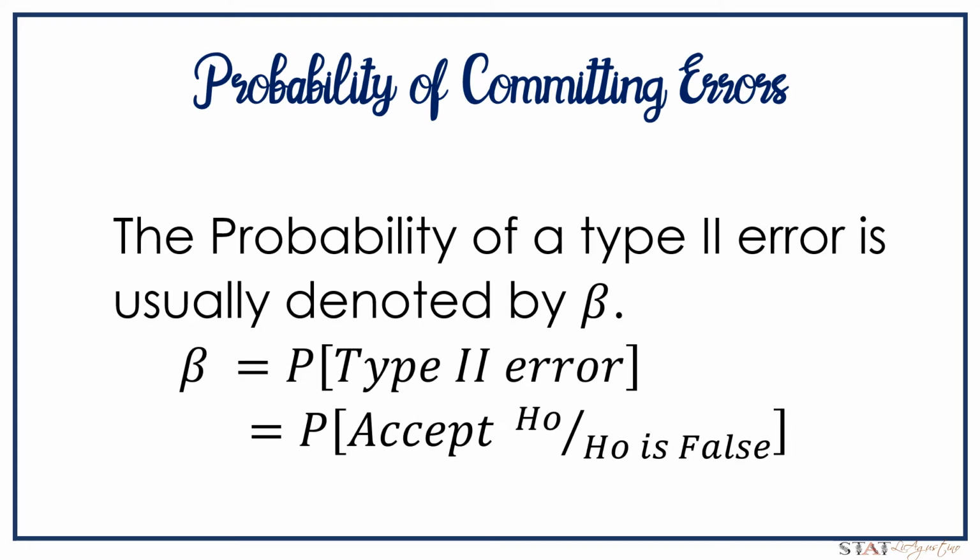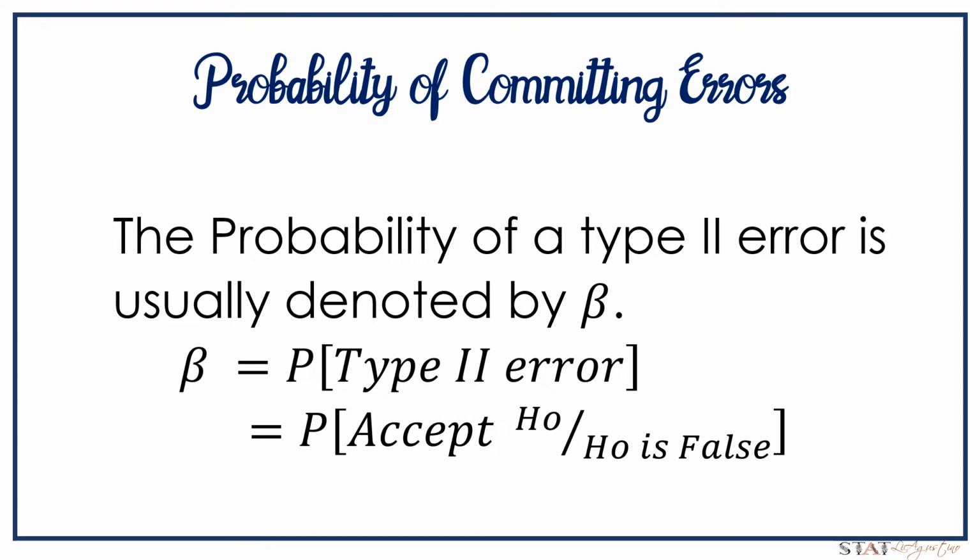And then what is the probability of a type 2 error? We have the type 1 error and the type 2 error. So what is your probability of committing a type 2 error? It is usually denoted by beta. So beta is equal to the probability of type 2 error. It is equal to the probability that you fail to reject H0 when H0 is actually false in reality.